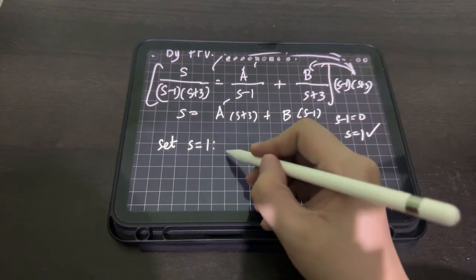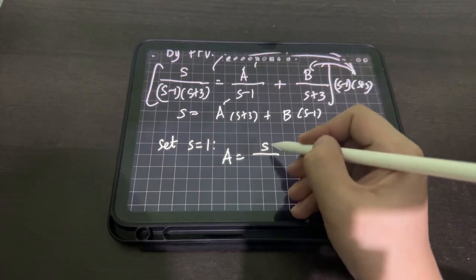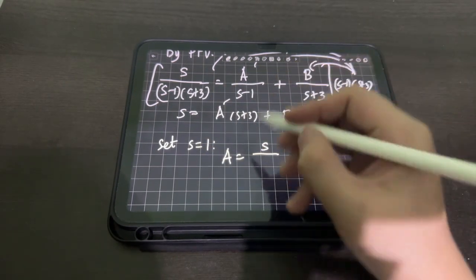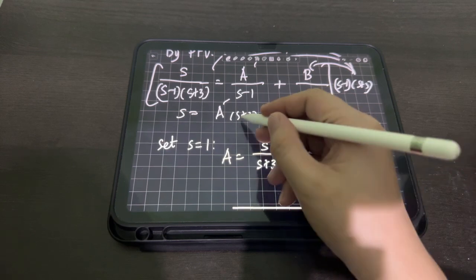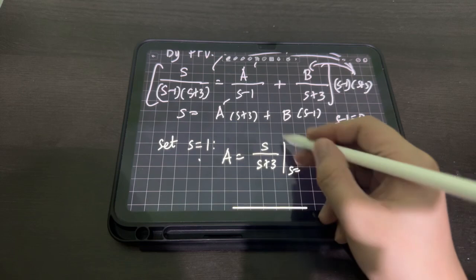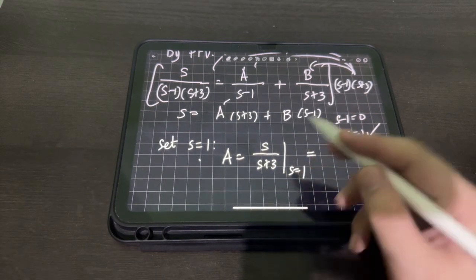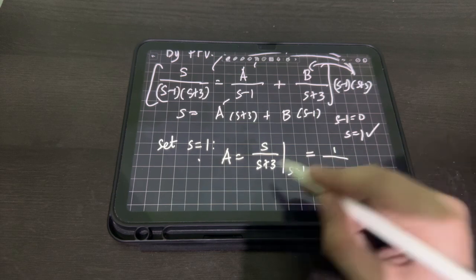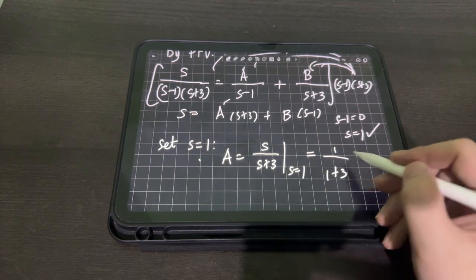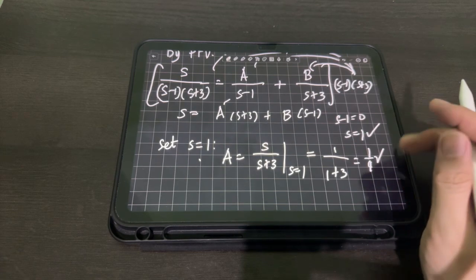So if we set s to 1, A is equal to the left side s, that's the numerator, over the coefficient of A, s plus 3. Then this is evaluated at s is 1. So replace every s here with 1. You have 1 over 1 plus 3, that's 1/4.